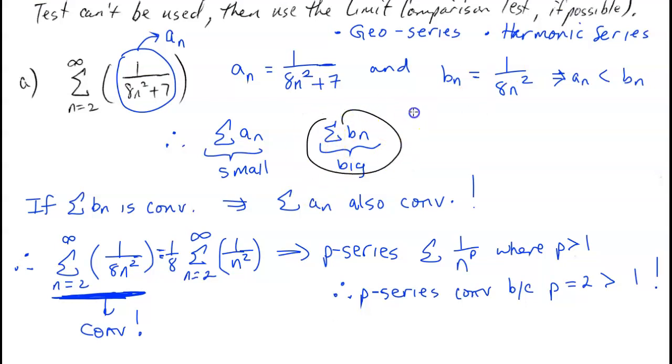Since this one converges and it's the bigger series, what that means is this one also converges because it's the smaller series. And remember, if we have a situation where our a sub n and b sub n values are all positive and the corresponding series of the bigger sequence converges, then the smaller series will also converge as well.